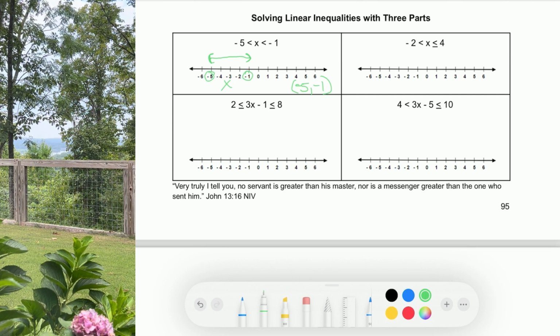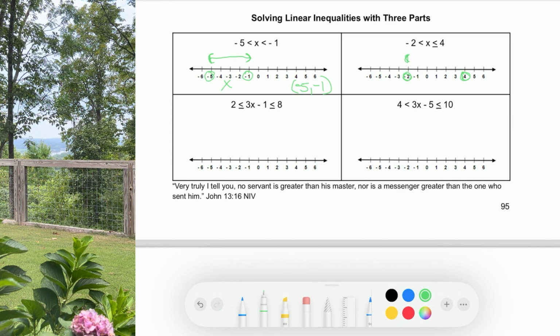Looking at our next one, it's the same deal. We've got the x is already by itself in the middle. It doesn't have anything else with it. So we can actually go ahead and map this one out. We have -2 and 4 as our endpoints. The inequality connected to the -2 is less than, not less than or equal to, it's just less than. So it's a parentheses.